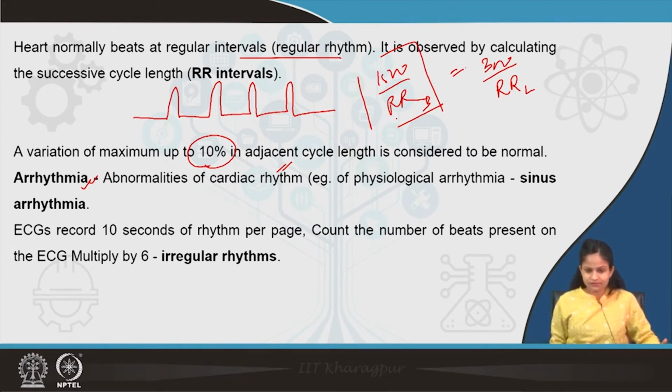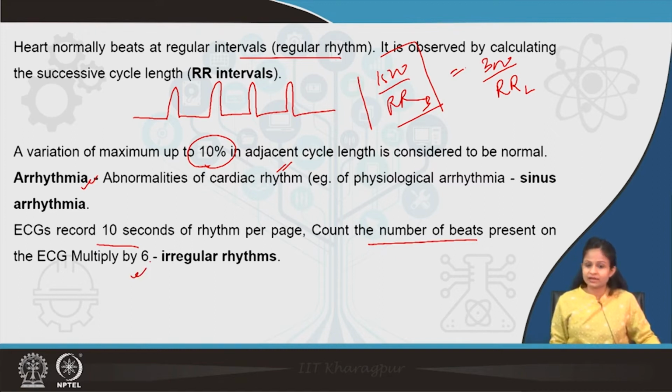Now, that is in case of the regular rhythm, but in case of irregular rhythm, how will you calculate the heart rate? There is variation in the rhythm. At that time we take a 10 second ECG recording, count the number of beats present on that ECG, and since the recording is for 10 seconds, we multiply the beats by 6 and get the heart rate.